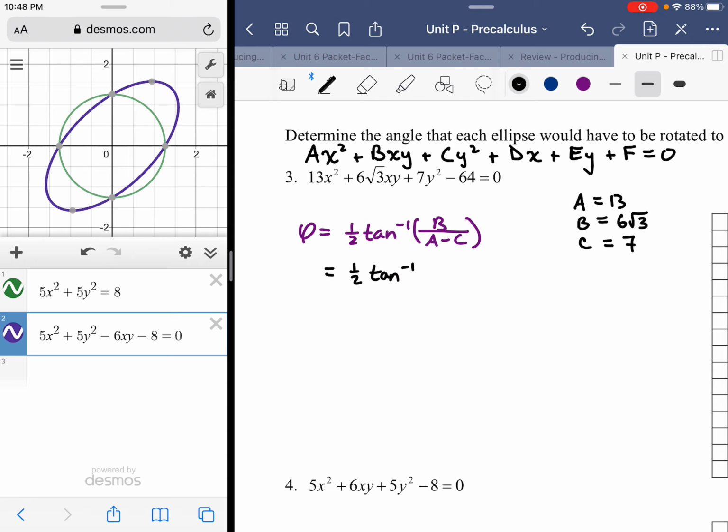All right, so we're talking 1/2 inverse tangent of 6 radical 3 over 13 minus 7. So 1/2 inverse tangent. Now inverse tangent has a domain that exists in the interval of negative pi over 2 to pi over 2.